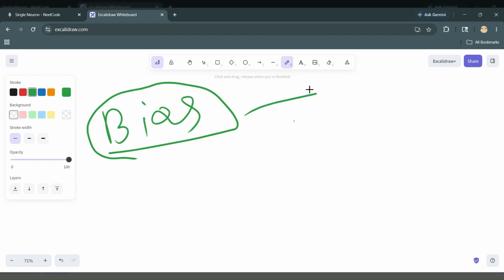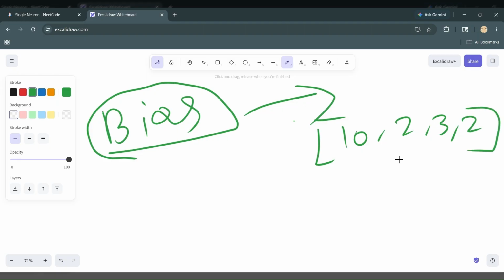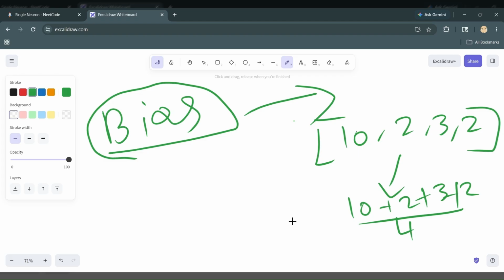Let's say you have a set of values like 2, 3, 2. What you'll do is find the average of this, and let's say you want some sort of value like 10.2.